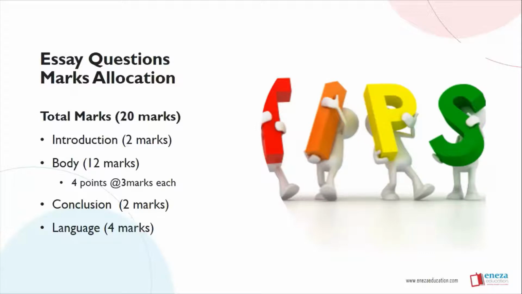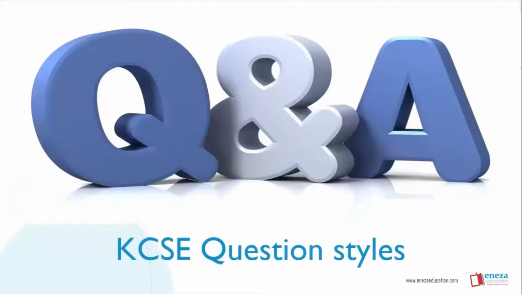The introduction earns you 2 marks, that is a well-framed introduction. The body earns you 12 marks. That is 4 points, and each point earns 3 marks. The conclusion earns you 2 marks, and the language used earns you 4 marks. Remember to use paragraph links and connectors.